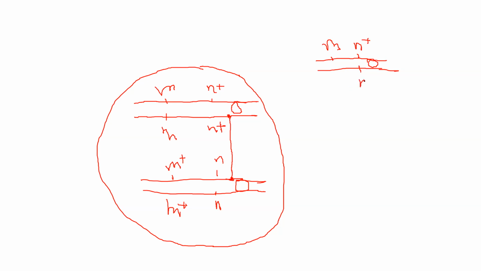So this will become N and this will become M plus. All right, now since there's an exchange between these two parents, you're gonna see this. So for this one, it's unchanged, but this one is M plus and M, right?